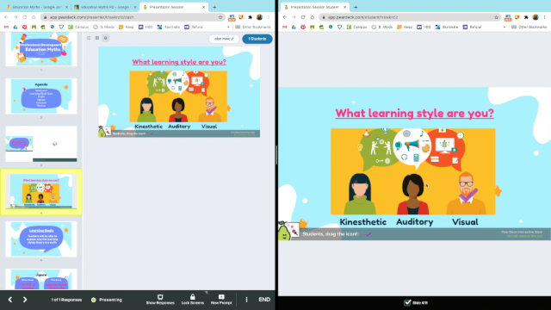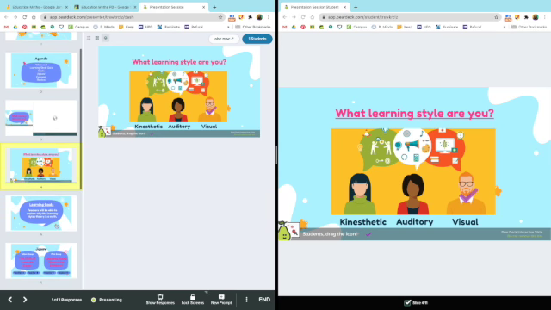And as we're doing this, I'm going to be asking them, do you feel like this is correct? Is this something that you agree with? Or is your learning style something that you agree with? So I would like to start some discussion about the particular learning style that the teachers have.